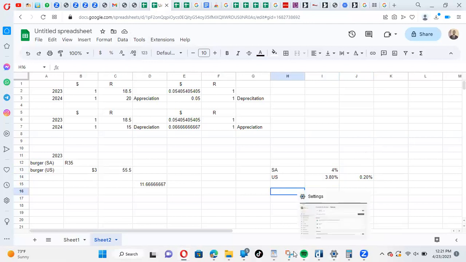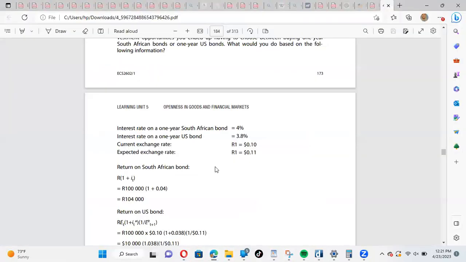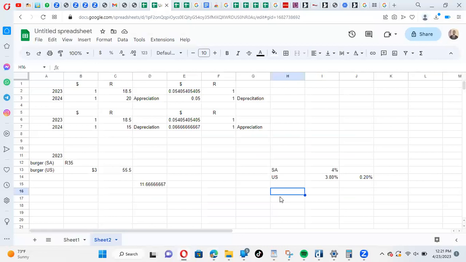But let's look at the exchange rate now. Let's say the exchange rate moves from 0.1 to 0.11. Let's say we maintain that appreciation. What's the percentage increase there? The percentage increase is that minus that, divided by the previous amount.